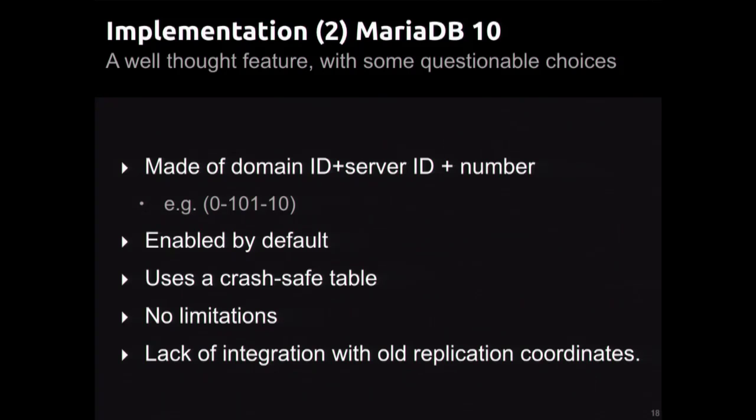Anyway, there are two things that I like about this implementation. The GTID is simple, and it is enabled by default. So you don't have to think, did I enable it? Or should I do something special to enable it? It's just there.